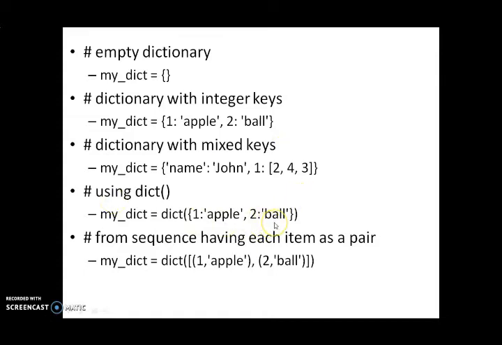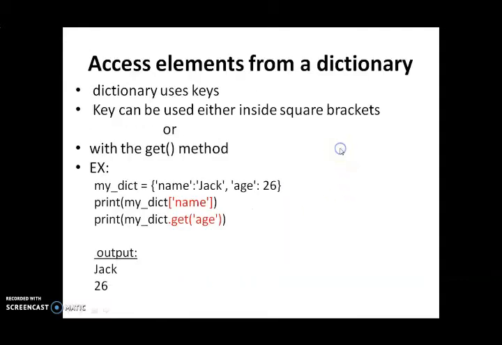Next 2 is the key, ball is the value. Similarly you can have n number of items. Next you can also have sequences. So you can see here inside this you are having a sequence where 1 represents apple, 2 represents ball. Here you can see the difference where here we are having curly braces and here we are having square brackets. That is the difference here.